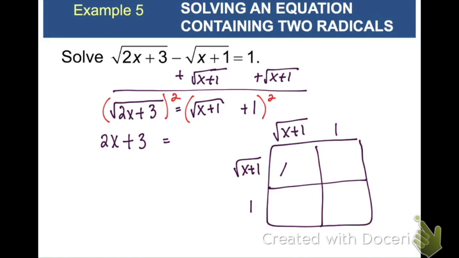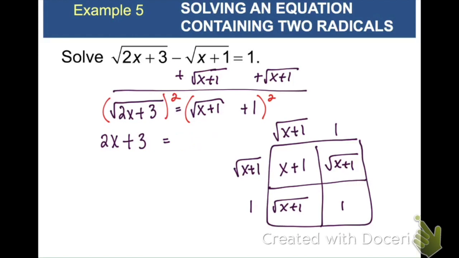So start by multiplying your square root of x plus 1 times square root of x plus 1. Anytime we multiply that by itself, it's like squaring that, so our radical cancels out. We just get x plus 1. 1 times the radical each time is just square root of x plus 1. And then 1 times 1, we just get 1.